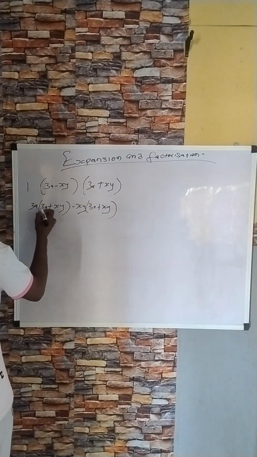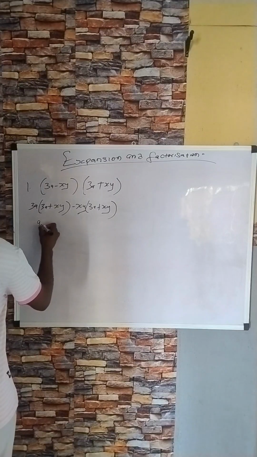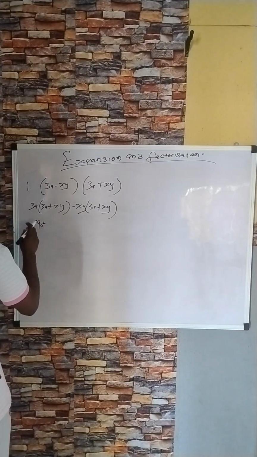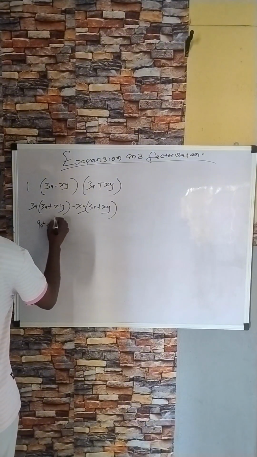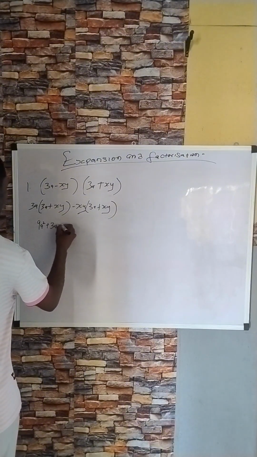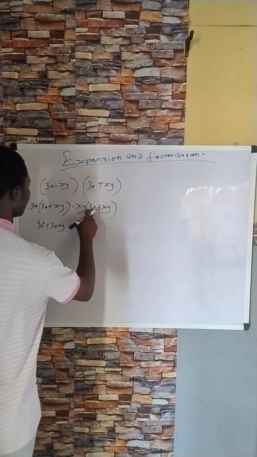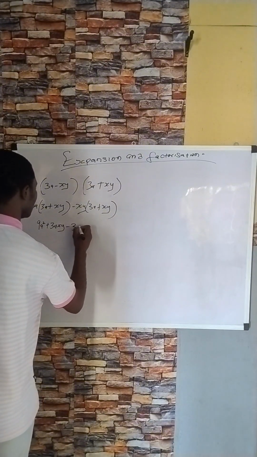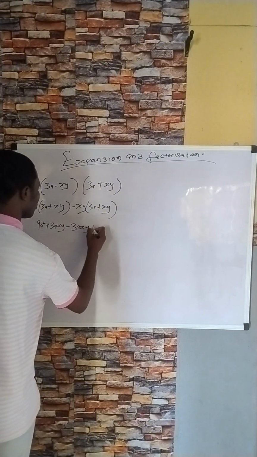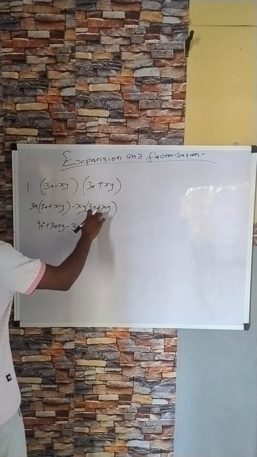So 3a multiplied by 3a will be 9a squared. Then 3a multiplied by xy will give you 3axy. The minus times 3a will give you minus 3axy, because negative times positive is a minus.